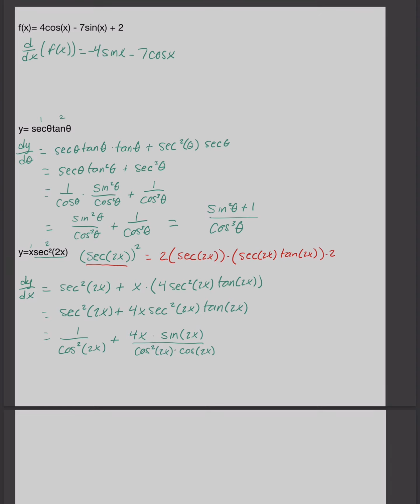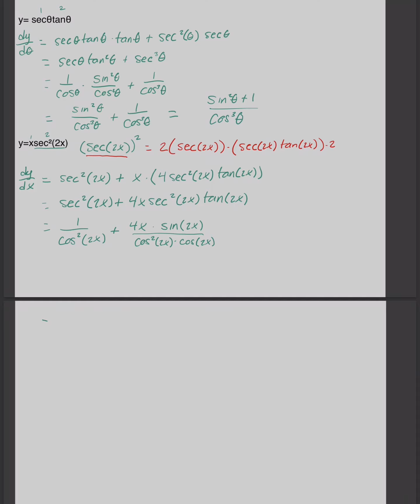And now I'll go into the next page on this. So this will all equal 1 over cosine squared of 2x plus 4x sine 2x all over cosine cubed of 2x.